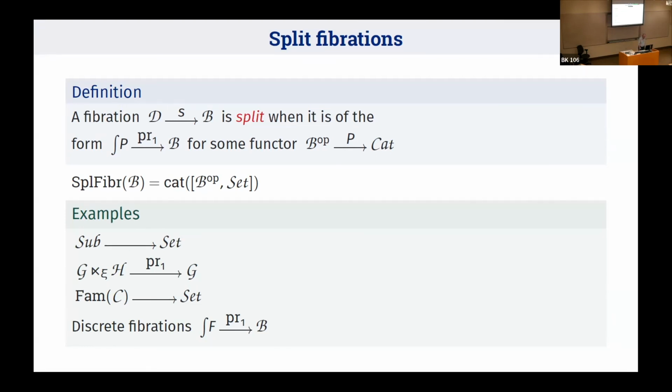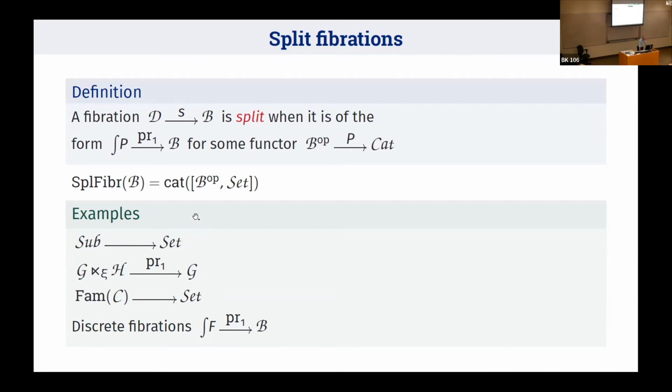By elementary algebraic category theory, what is the category of split fibrations? It is the full subcategory of the category of fibrations on these objects. And I'm staying at the one level. I'm not talking about the two level, but there is also a higher level. The category of split fibrations on a category B is just the category in the pre-sheaf topos over B. Well, one says then, how can you perform pre-sheaves over sets?